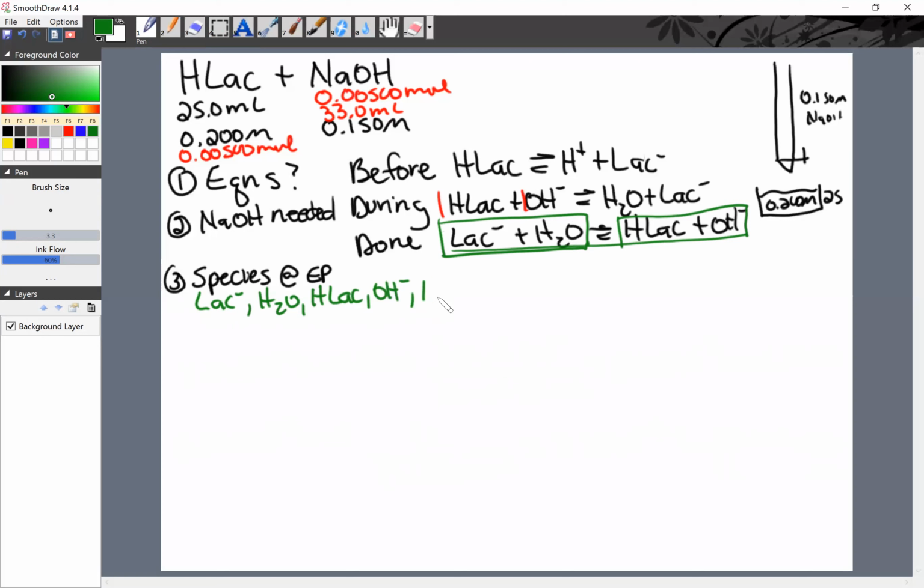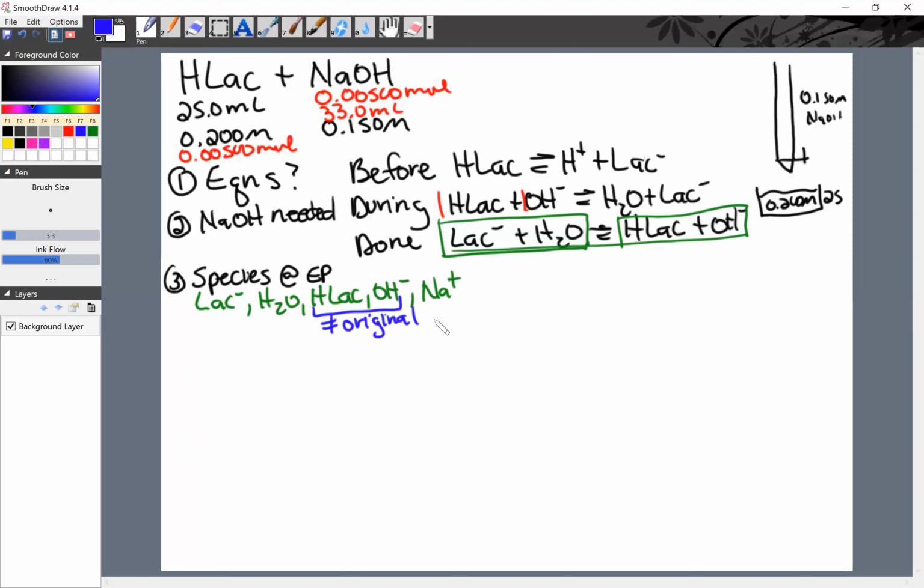And then don't forget the counter ion is just floating around. So when I am done, that is what should be in the beaker. This is not the original. That is not the original lactic acid, and that is not the original sodium hydroxide. I created that.